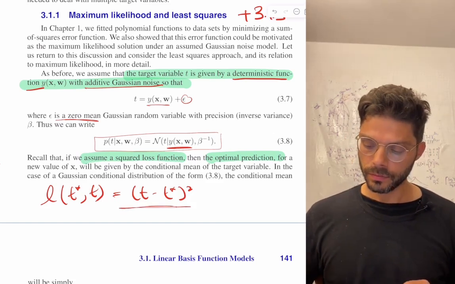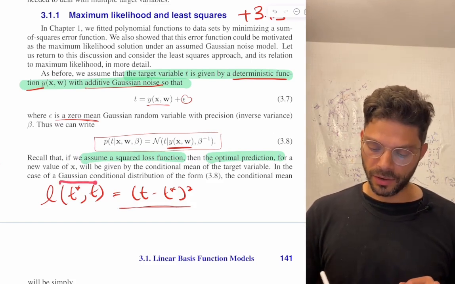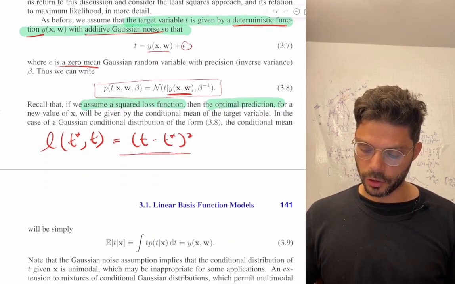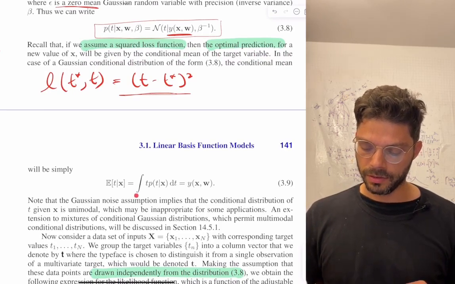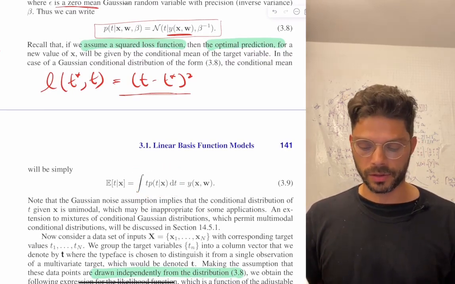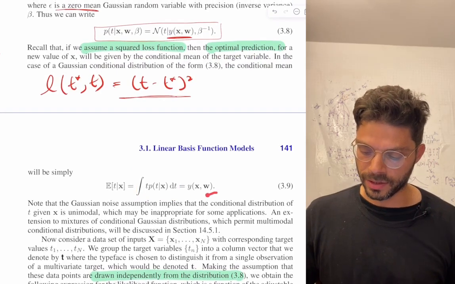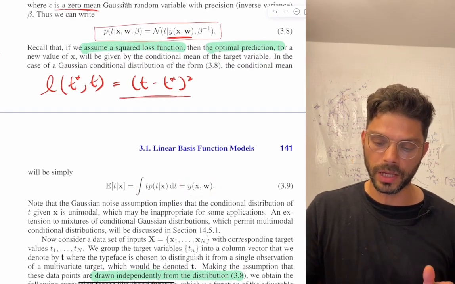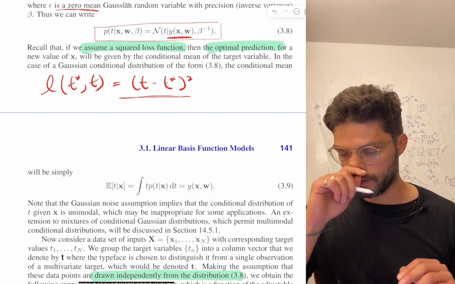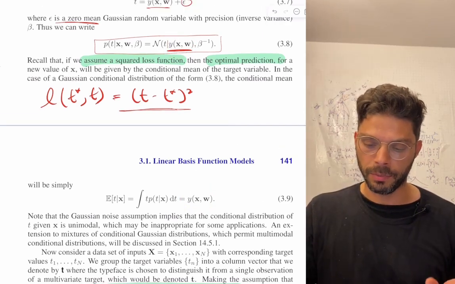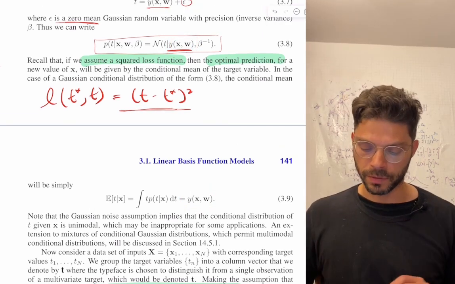So in the case of a Gaussian conditional distribution in the form 3.8, the conditional mean will simply be, and this is just the conditional mean for whatever p, not just the Gaussian one, but for our Gaussian case the conditional mean is just the mean. So once you're given x and w, the mean is determined, that's what you report.